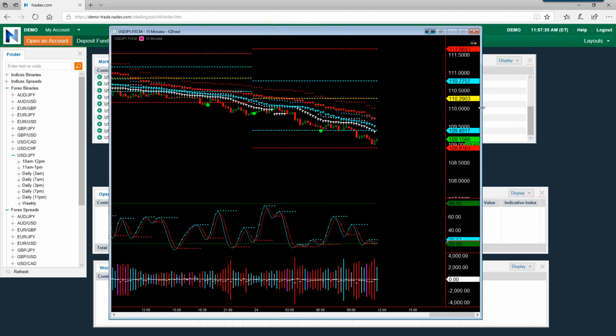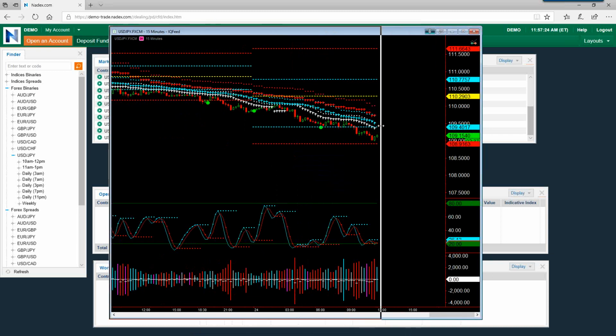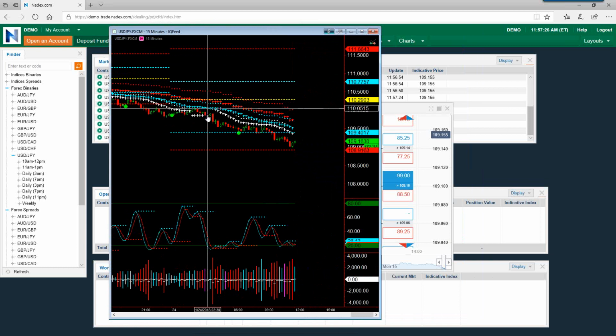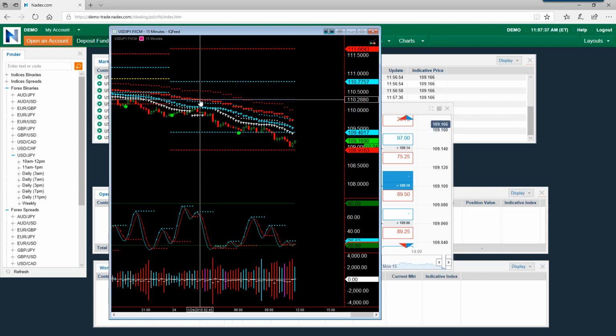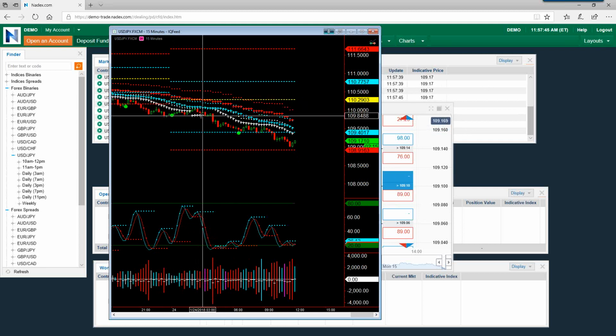The pivot line being the yellow line here. And then you see where I have several sets of ATRs, which are the plus signs. Do you see how the blue ATR was at 110.08? The pivot line was 110.28, okay? The problem was they couldn't get above the ATR. I mean, it's just typical behavior.